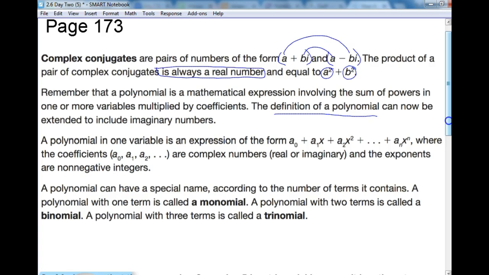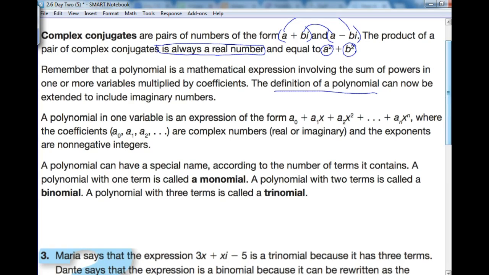In Algebra 1, we classified polynomials lots of different ways, but we classified them as a monomial, one term. We classified them as a binomial because they had two terms. We classified them as a trinomial when they had three terms. Trinomials are the ones we factor all the time.